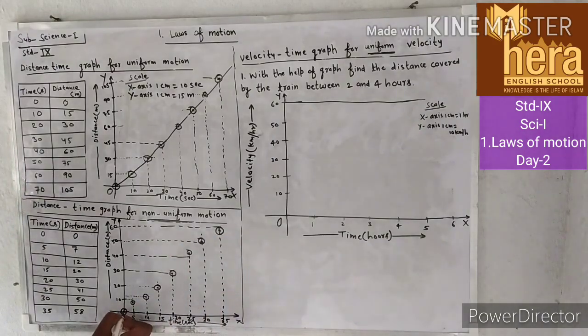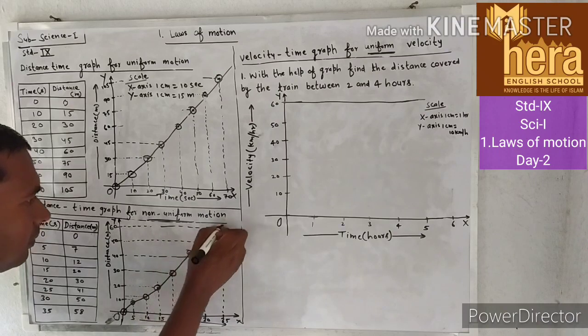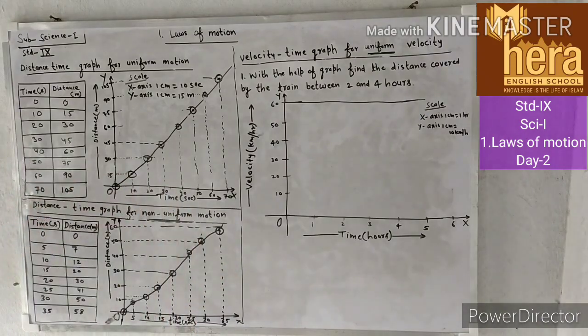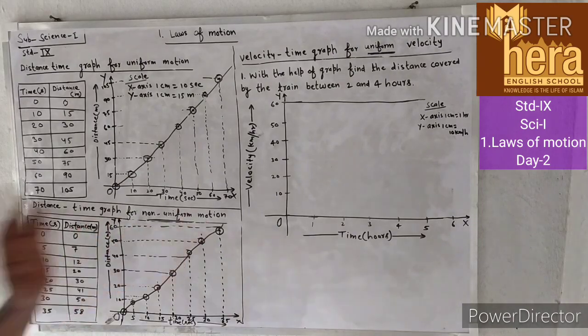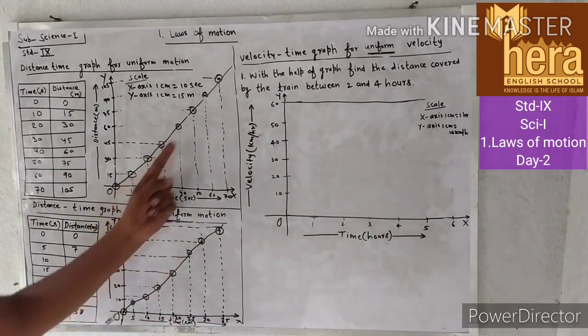So if you join all the points, this is the graph of non-uniform motion. See, this is not a straight line. This is a straight line.